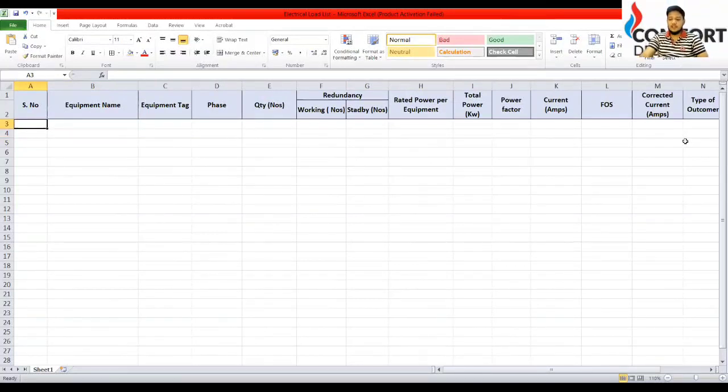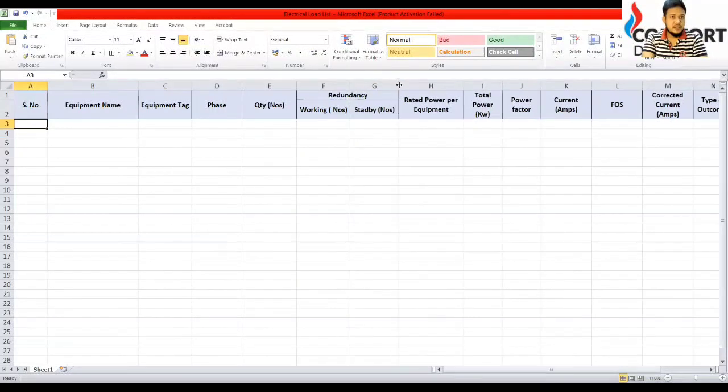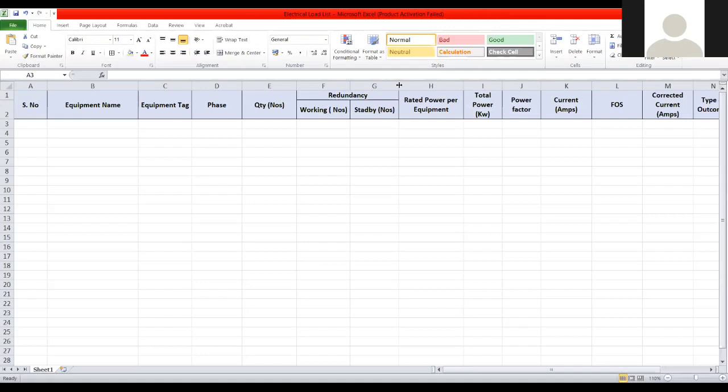I'd be illustrating it with one project example, showing you one BOQ that was prepared after the detailed designing, and we'll be trying to do the electrical load on that particular project. Okay, so let me open that BOQ and then we'll be discussing.